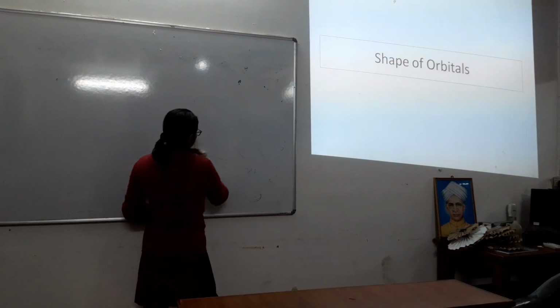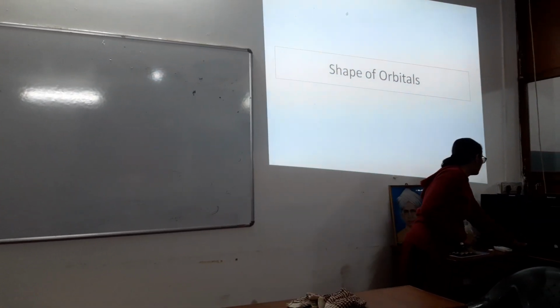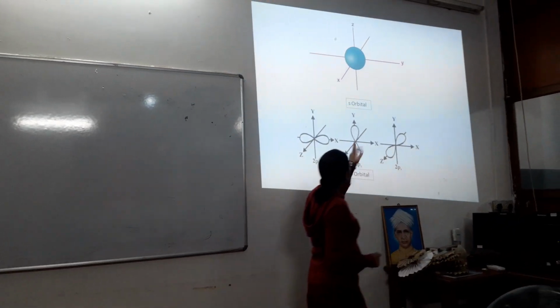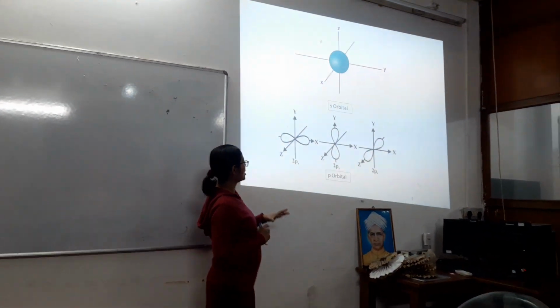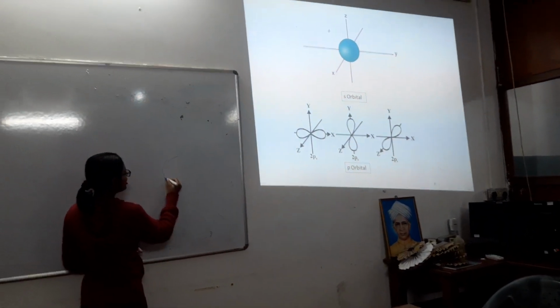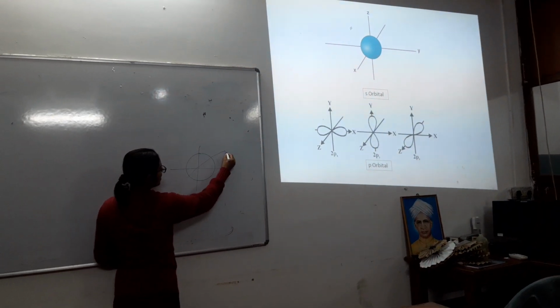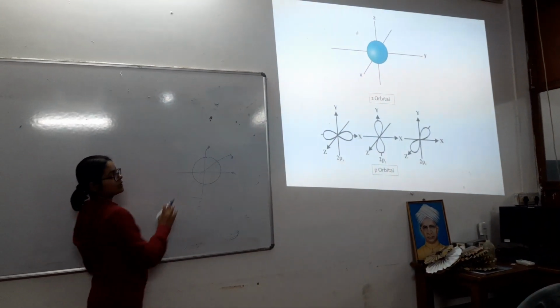All the orbitals have distinct shapes. We can see here first, this is the s orbital, spherical shape, then the p orbitals. The spherical shape orbital is a symmetrical orbital. X, Y, and Z, these are the symmetrical orbitals.